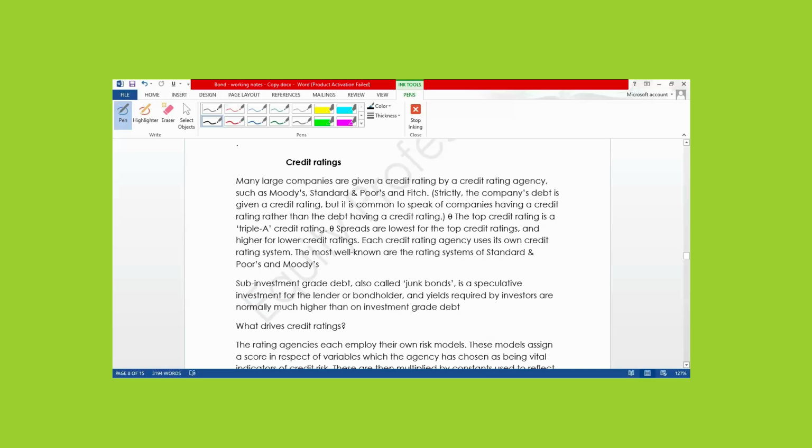Credit rating defines the capacity of a company to obtain borrowing and pay. The credit rating shows the ability of a company to meet its financial obligations as and when due.